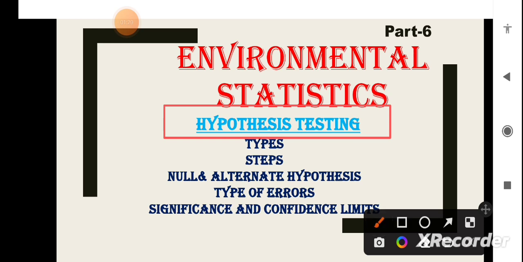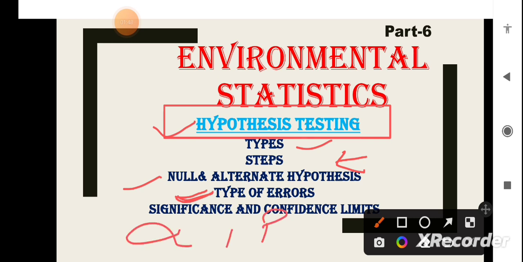In today's video, we will discuss what a hypothesis is, what the types of hypothesis are, and the procedure involved in hypothesis testing. We will also see the null and alternate hypothesis and the types of errors we make, that is type 1 and type 2 decision errors, and how we define the alpha and p value or the significance and confidence limits.